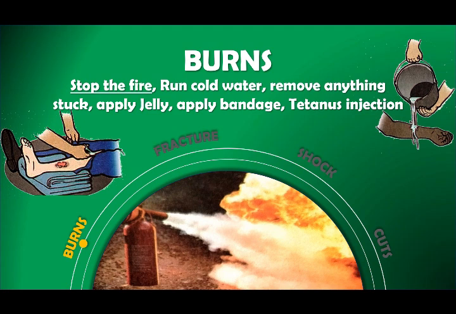As you see in these pictures that we have on the screens, the main picture is of a fire extinguisher putting out the fire. On the far right we have running cold water on the burnt area. Then on the far left we have removing items that have stuck on the wound to clean it.